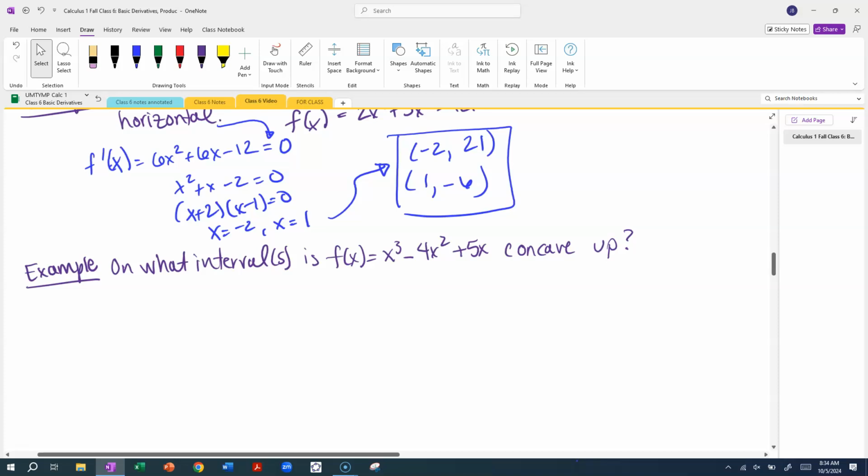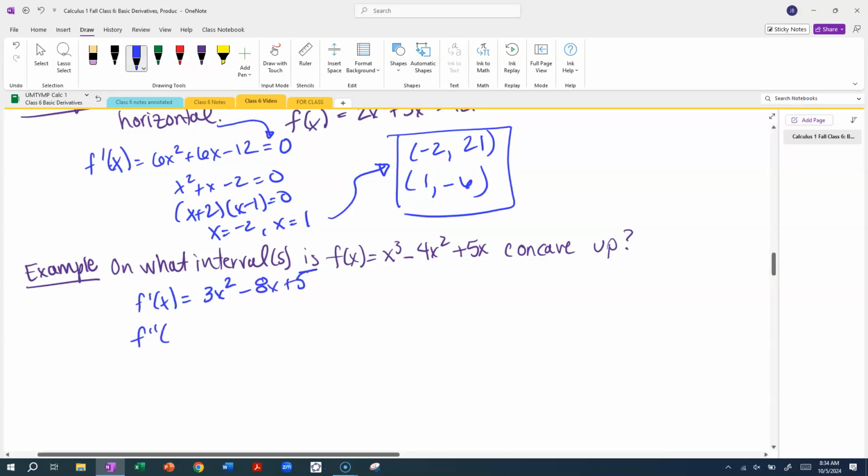Next one, intervals of concavity are determined by the second derivative, right? Bendiness has to do with the second derivative, so I have to do the first derivative. Okay, first derivative gives me, what, 3x squared minus 8x and then plus 5.